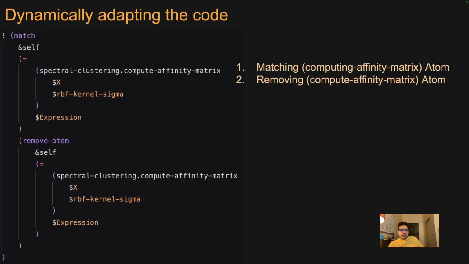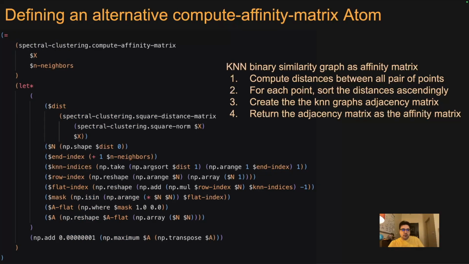match the compute affinity matrix and then remove the match atom from the Atomspace using the MeTa's remove atom command. Once we remove the RBF based affinity matrix computation, here we define the new graph-based affinity matrix with the same types of inputs and outputs that are required by the algorithm. The new function operates as follows.